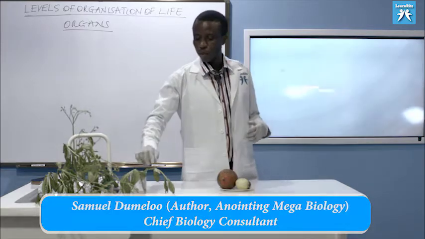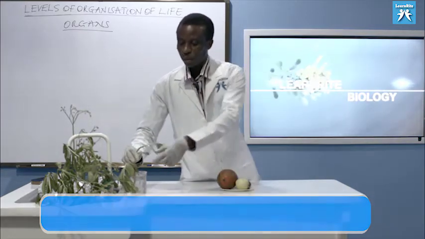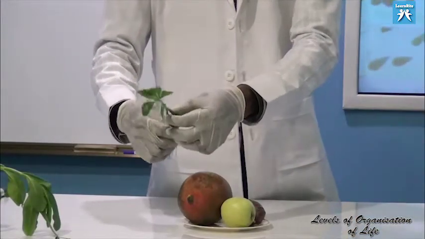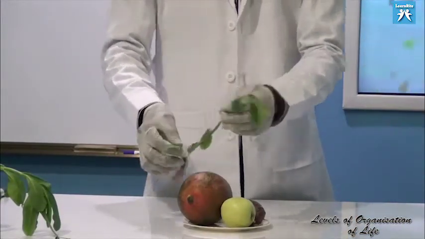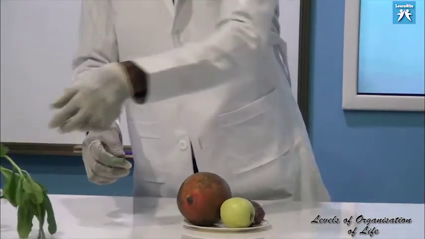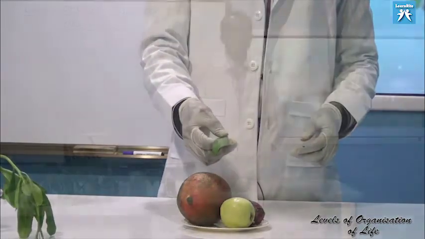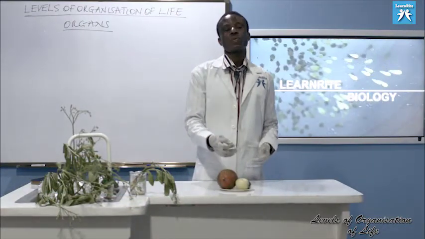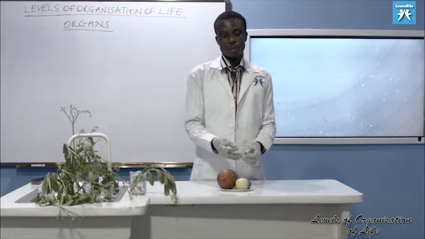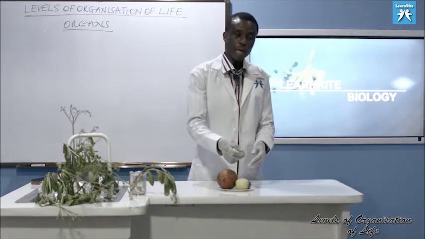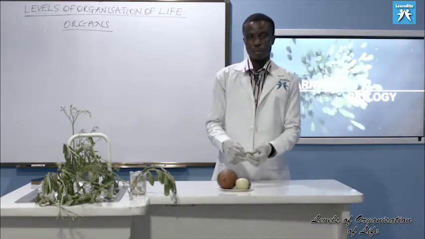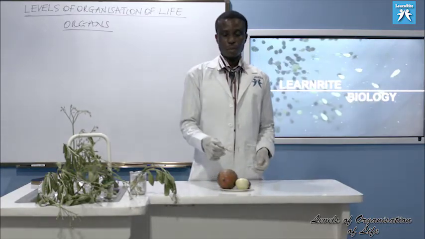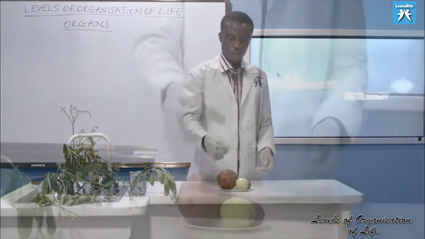The first one that we shouldn't forget, that we have to mention, that we started looking at in class 1, is the leaf. A leaf is an organ. What does it do? Photosynthesis. The leaf also helps in transpiration. In some leaves, food storage.